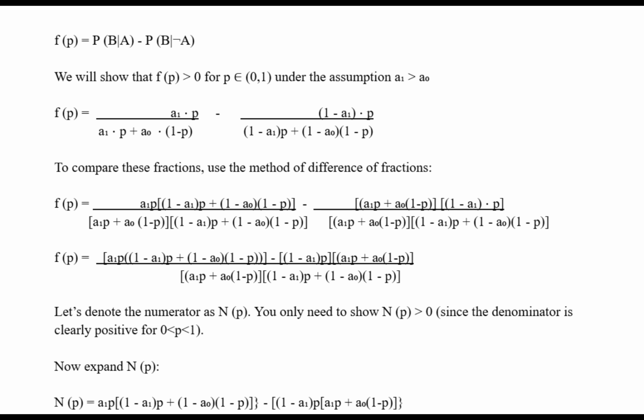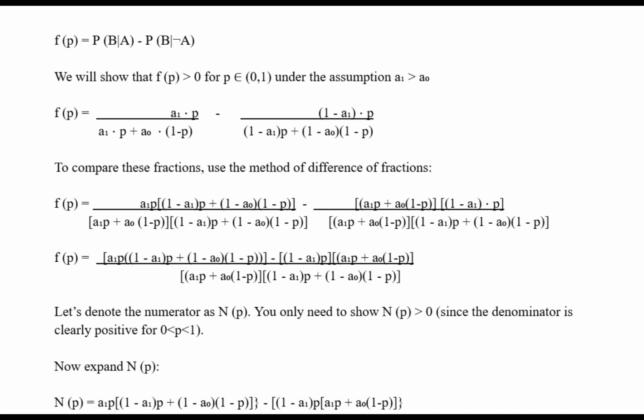So if f of p is greater than 0, it means that the probability of b given a is greater than the probability of b given not a. If this is true, then it proves our statement, right? So as long as f of p is greater than 0, it proves our statement, right?